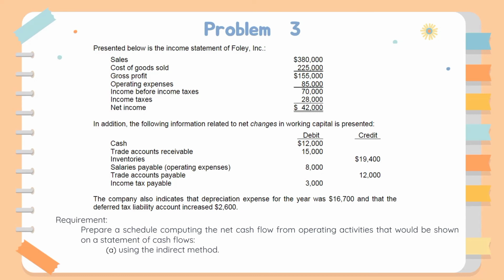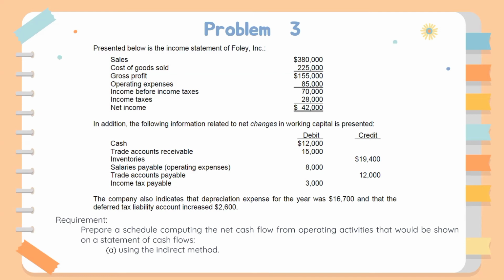In addition, the following information related to net changes in working capital is presented. Cash $12,000, trade account receivable $15,000, inventories of 19,400, salaries 8,000, trade accounts payable 12,000, income tax payable 3,000.